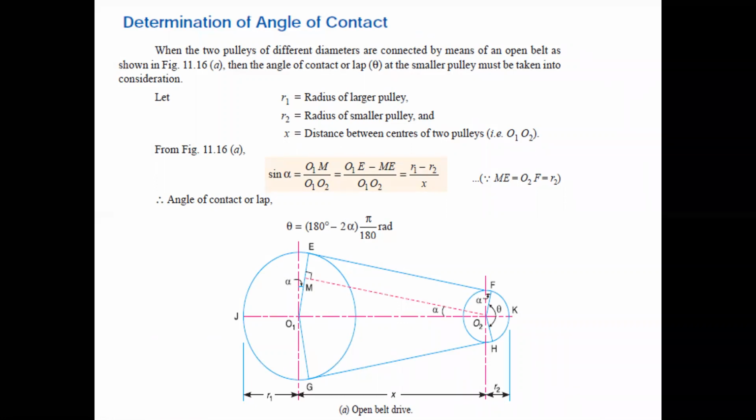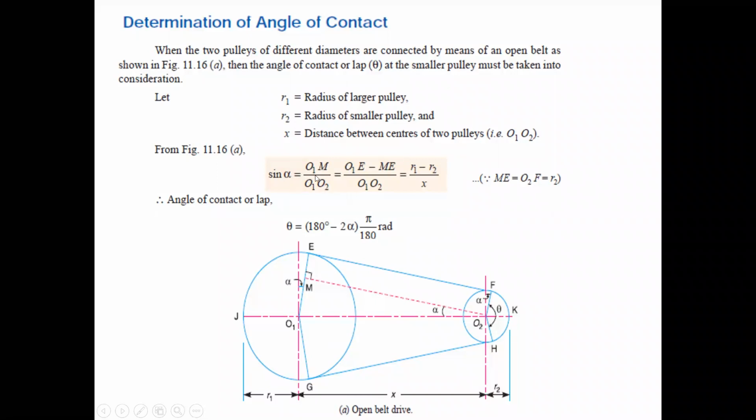Next topic, determination of angle of contact. Let us observe the open belt drive. How do we find the angle of contact? What are the notations? R1 is the radius of the larger pulley, R2 is the radius of the smaller pulley, and X is the distance between the centers of the two pulleys.